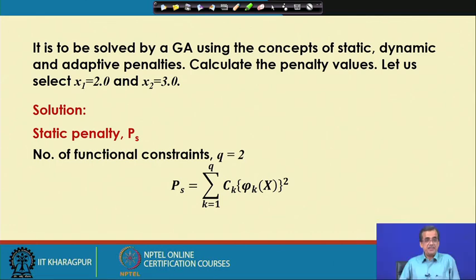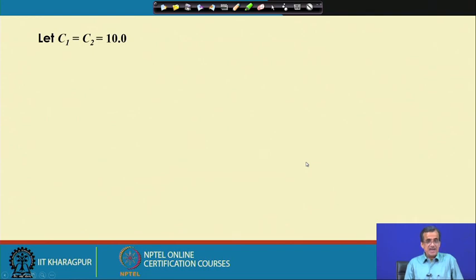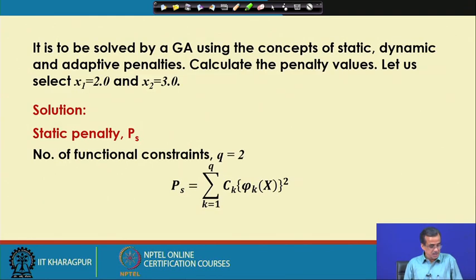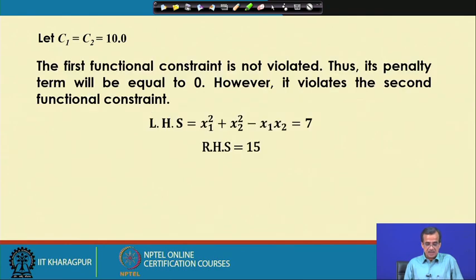In static penalty, we have got two functional constraints, so q is equal to 2, and the static penalty, denoted by Ps, is nothing but summation k equals 1 to q of c k phi k of x squared. Now, let me assume that C 1 equals C 2 equals 10. Here the first functional constraint is not violated. Now, let us check the first functional constraint.